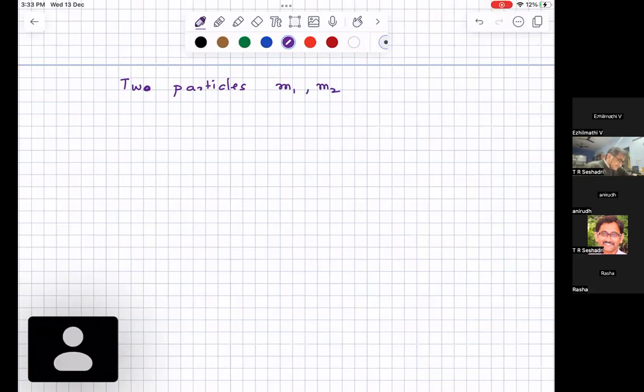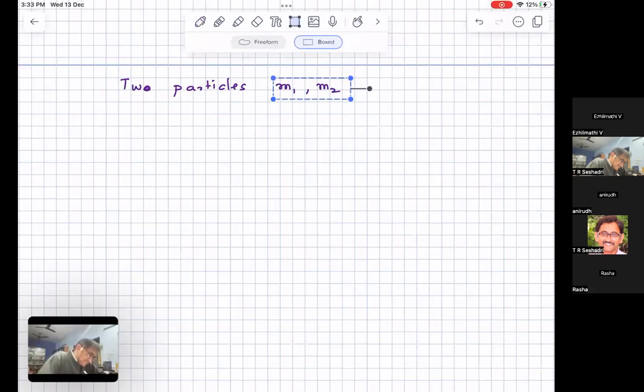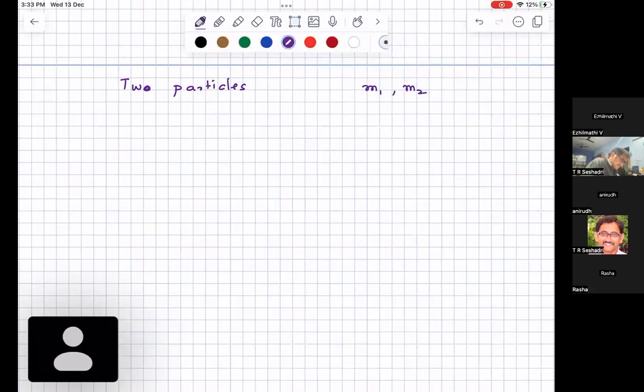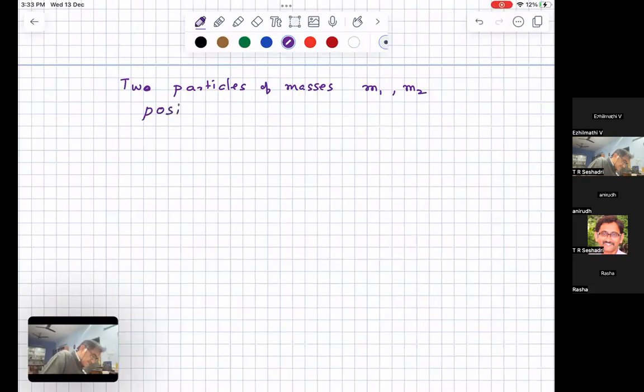Suppose I have two particles of masses M1, M2, and positions R1, R2.